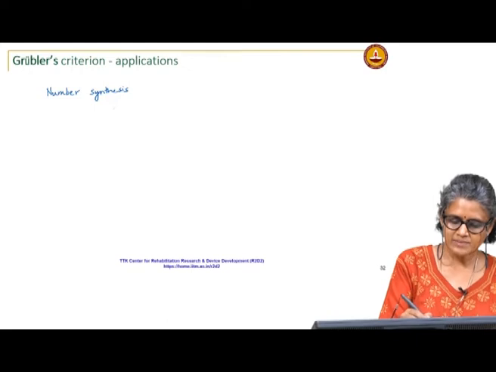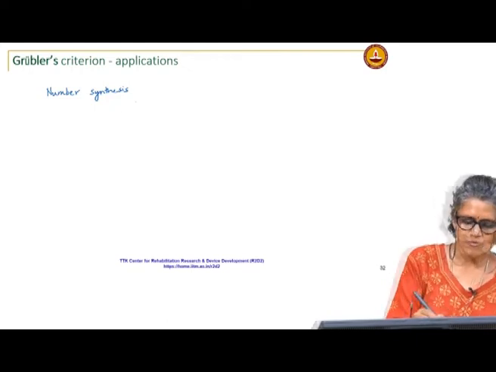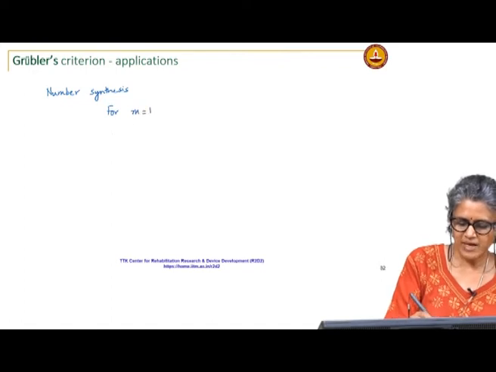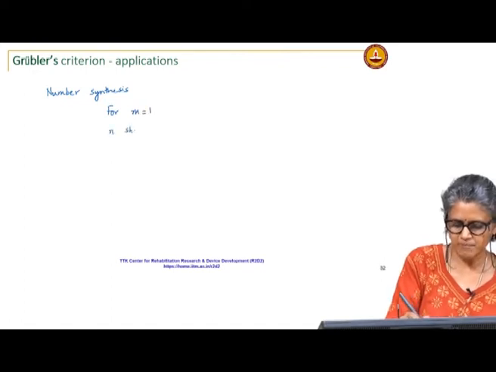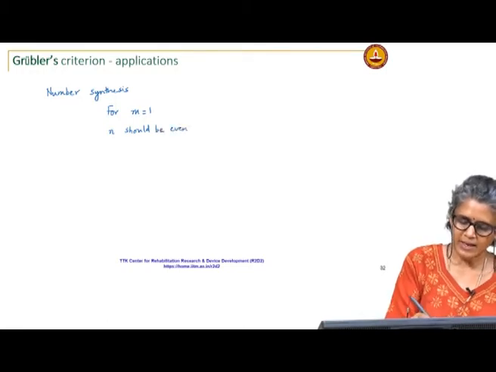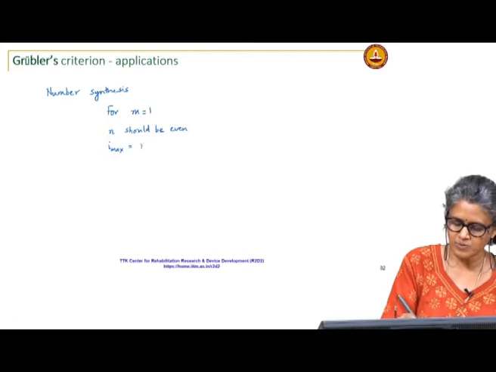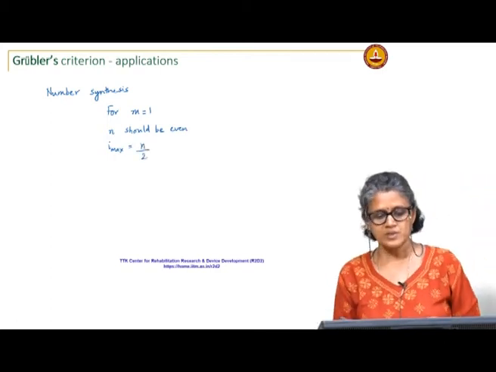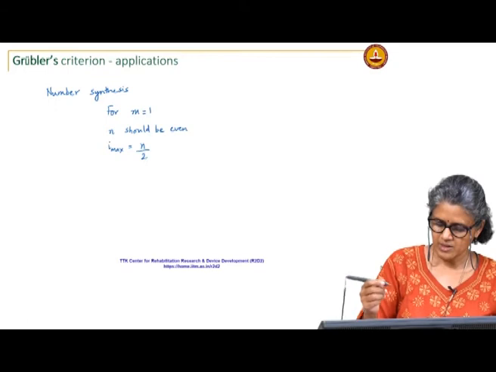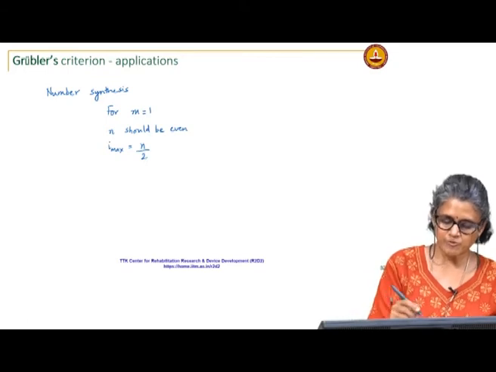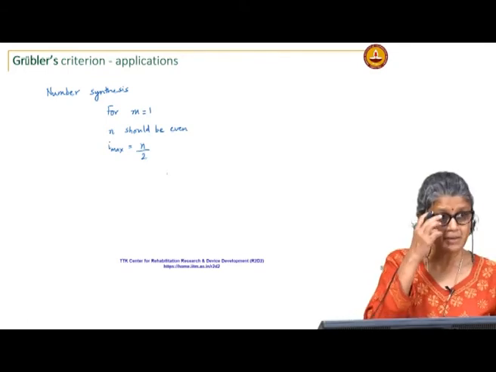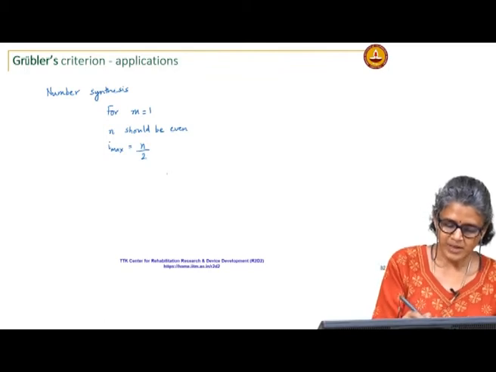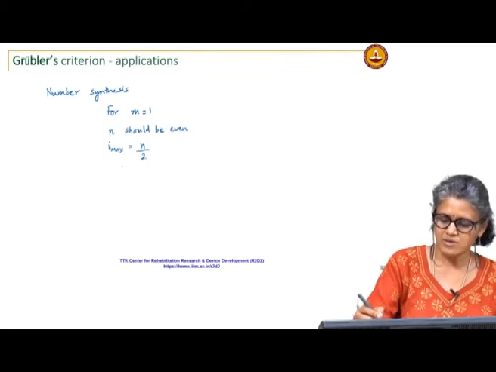That would mean that for mobility equal to 1, n should be even, I max, which is the maximum order link, would be n by 2, the maximum number of nodes in a link can be n by 2.